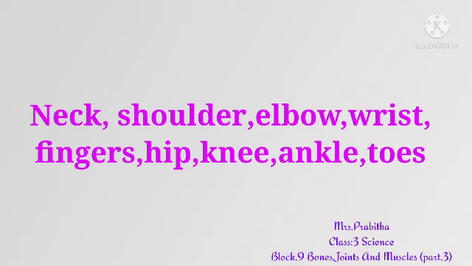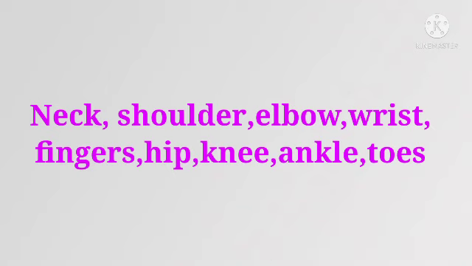Then wrist joints are there on the hand, and fingers also have joints. Then when we reach the hip, we have the hip joint. Then on the leg we have the knee joint and ankle joint, and on the toes also we have joints. So these are the different joints of our body.